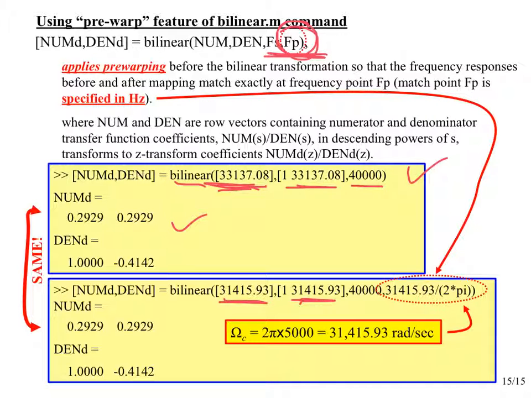Then we put in our sampling rate, and then it asks for FP, specified in hertz. So that is the frequency that we want to be pre-warped, our cutoff frequency. That's in radians per second, so we divide by 2 pi to get it into hertz. So now if we run the bilinear with the original 5 kilohertz cutoff frequency put in with the pre-warping parameter properly inserted, we get the same exact values out of this.